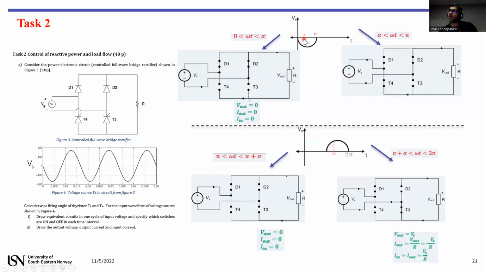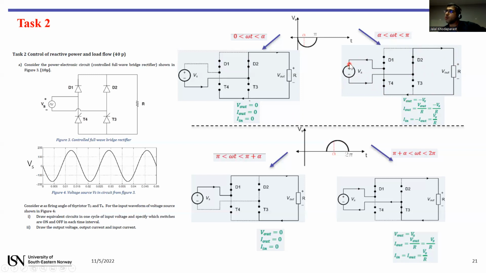However, from alpha till pi, this diode is on, and this thyristor will be on after alpha to pi. So now we have a closed path in the circuit, and you can calculate the output voltage.